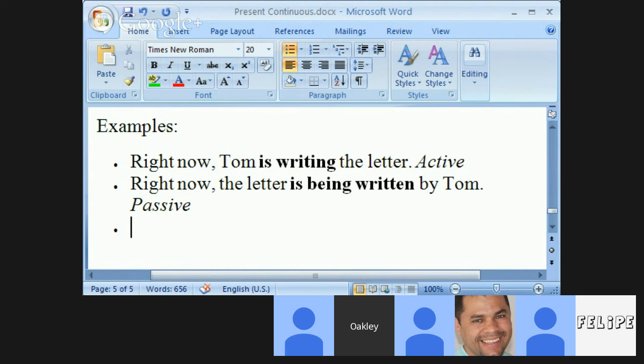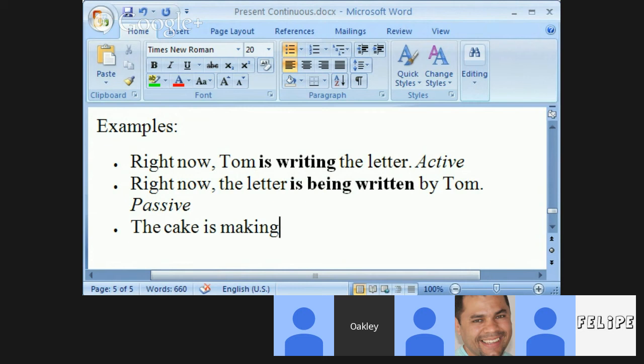So, Felipe, can you give it a shot here? For active. Passive. "The cake is making by Felipe." Is making.